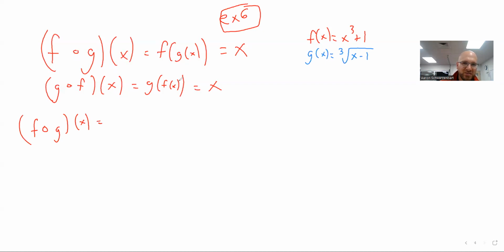So again, that's f of g of x. I'm going to skip writing that step. But g of x is the cube root of x minus 1, which means I'm plugging the cube root of x minus 1 into my x in f.